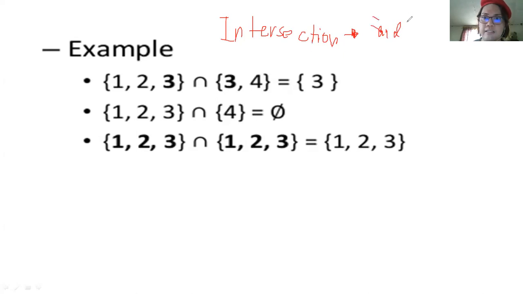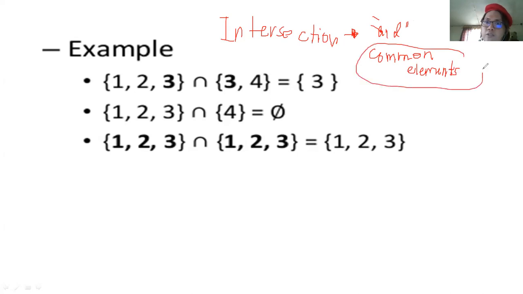That means common elements. So in short, when you are asked to get the intersection of two sets, then you are trying to look for the common elements. The elements that are in common to both sets. That's what we call intersection.